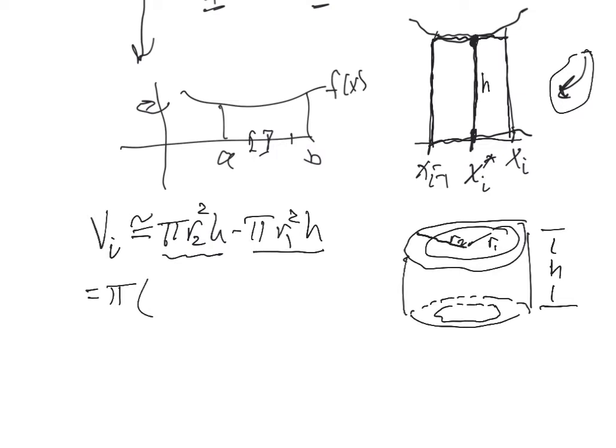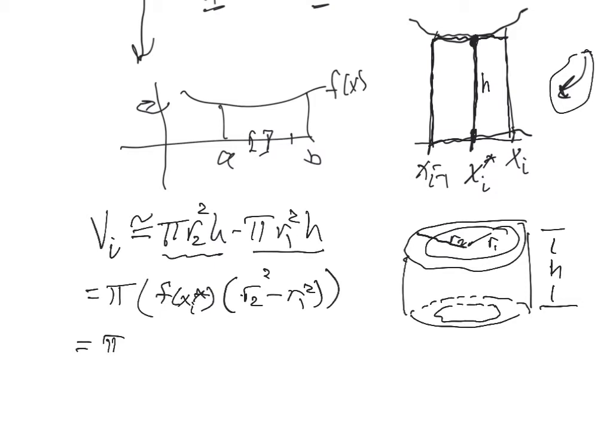And so notice we can factor that off, and that's going to be f of xi star. And then we'll take it slow here. What's left is r2 squared minus r1 squared. So keep going. Let's write that as pi.